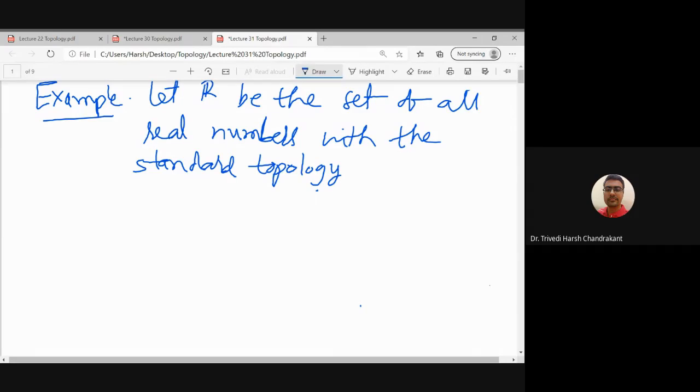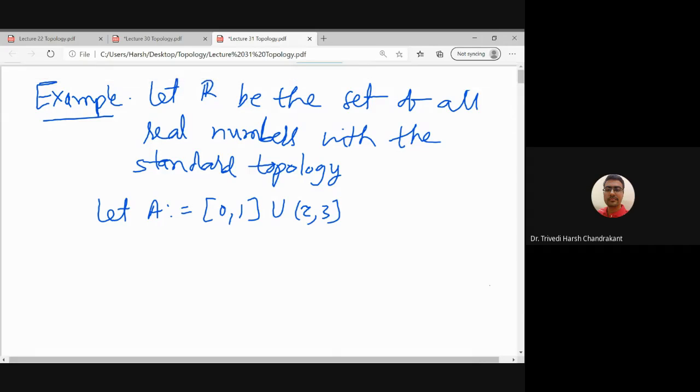So now I want to consider a subset of R, and on which we have the subspace topology coming from the standard topology. So let A be the set which is closed interval 0 1 union open-closed interval 2 to 3, right? So 2 is not there but 3 is there.